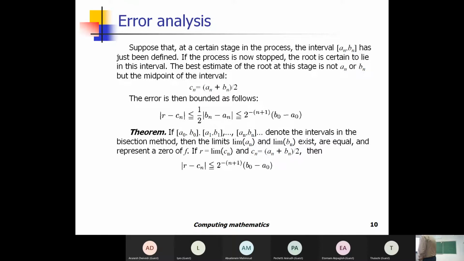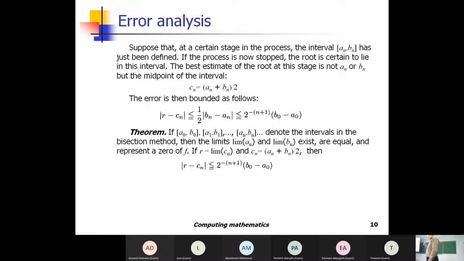If a0, b0, a1, b1, and so on, an, bn, denote the intervals in the bisection method, then the limits of the sequences an and bn exist, are equal, and represent the zero of the function.